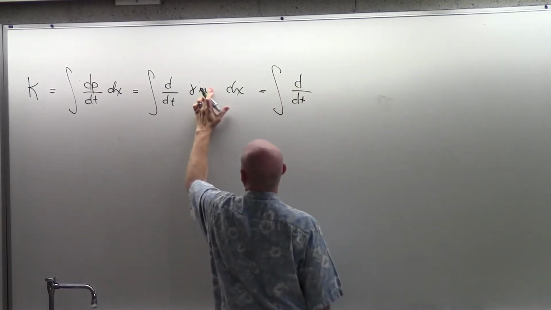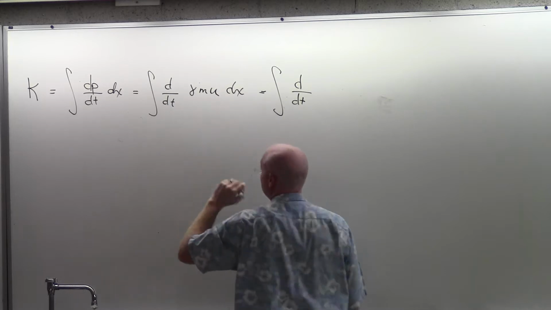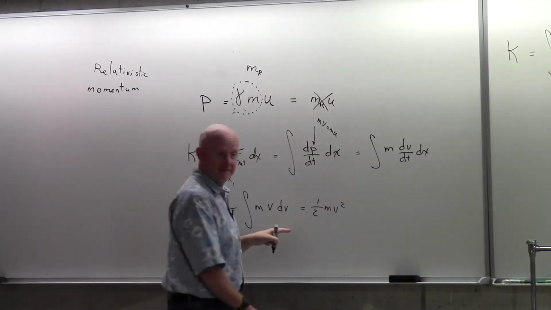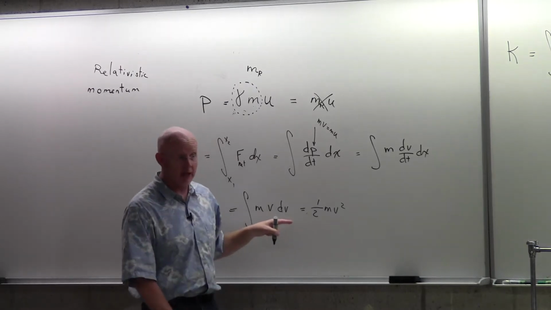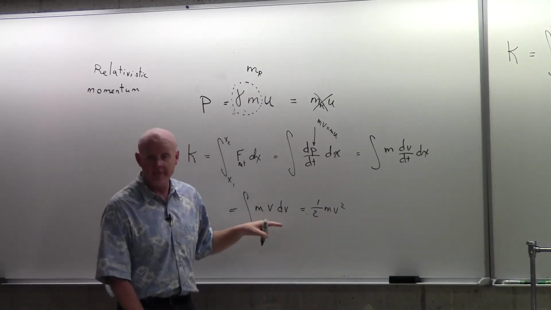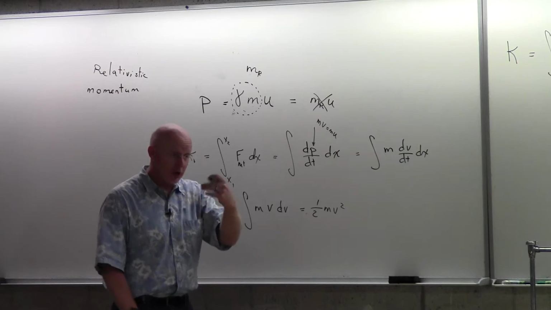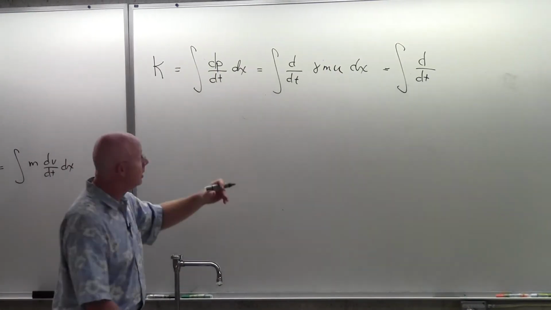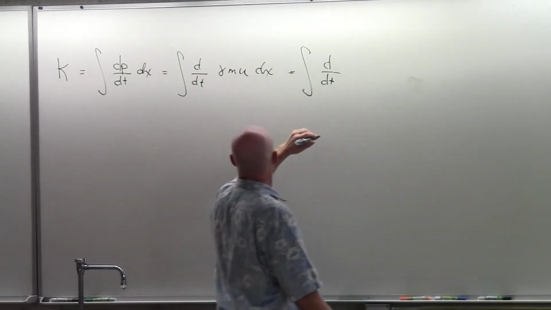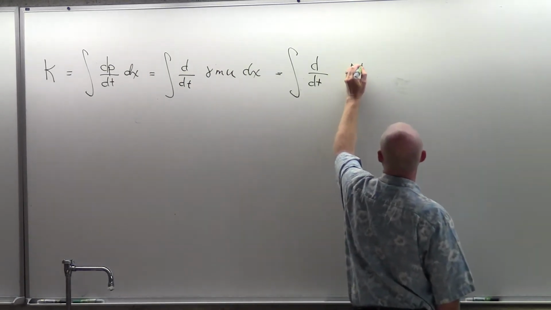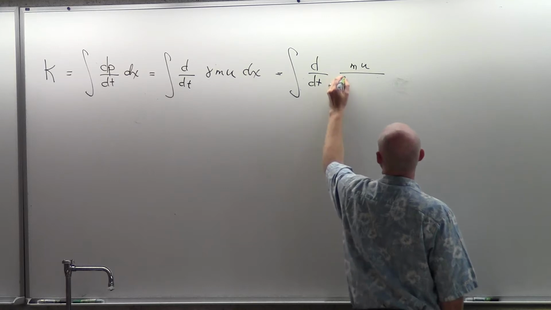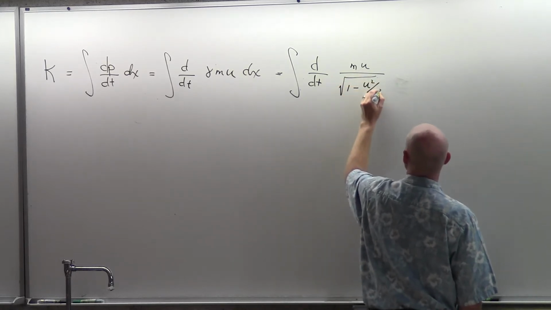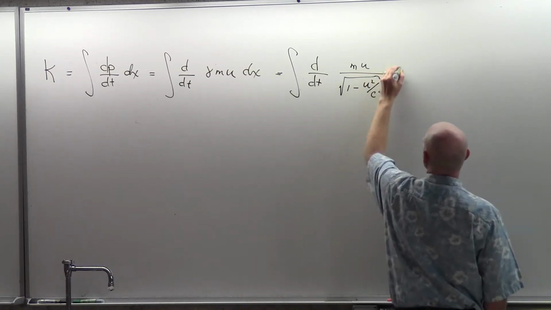Oh, and I said I was going to use u. It looks like I defaulted back to v because I was going back to here. Is that okay? I'll leave it as a v there. But as we continue on for the new formula, let me use the u. But this would be then an mu over the square root of 1 minus u squared over c squared dx.